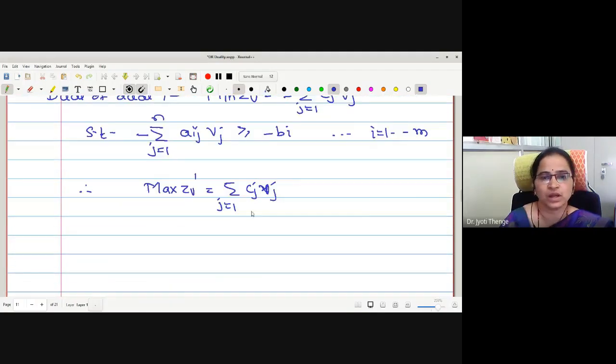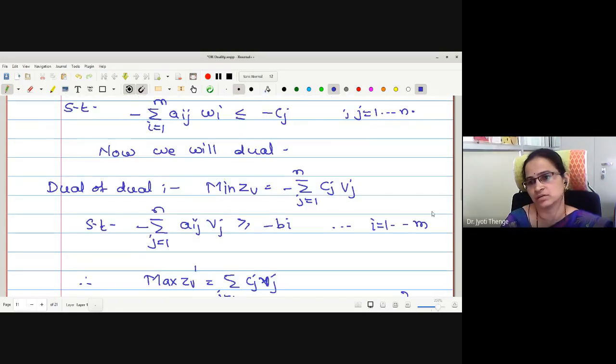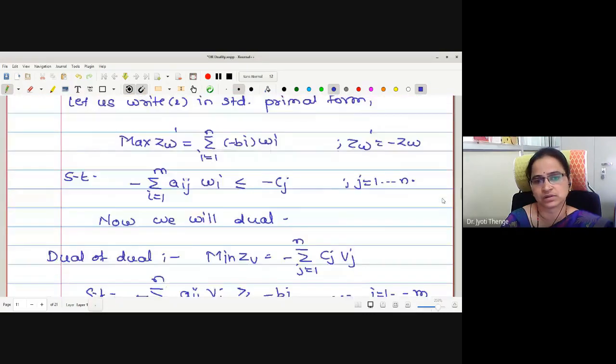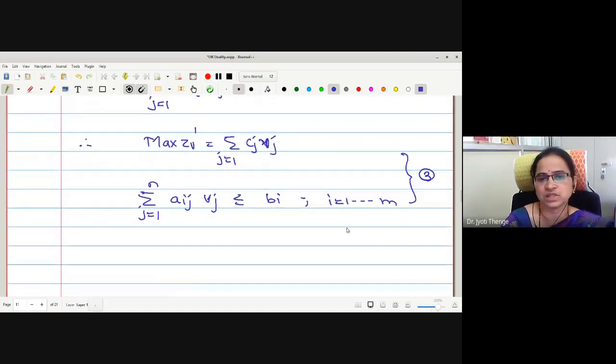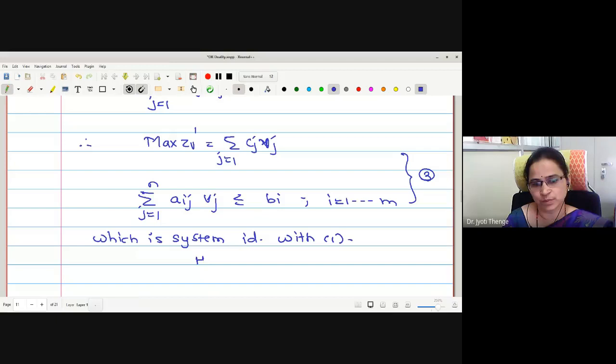Now this constant, let us absorb the negative. Summation j equals 1 to n of aij vj is less than or equal to bi, i equals 1 to m. Let me call this system 3. Now this system 3 is identical with system 1. Hence the proof.